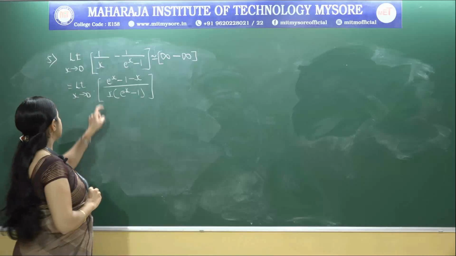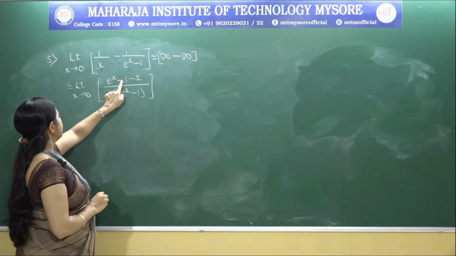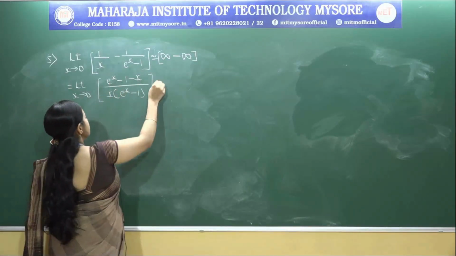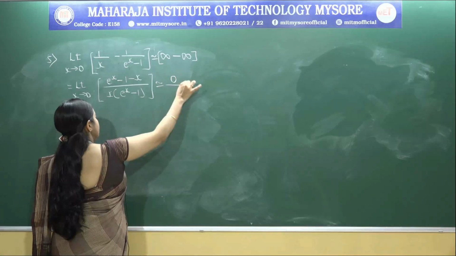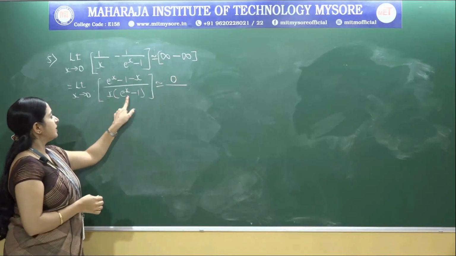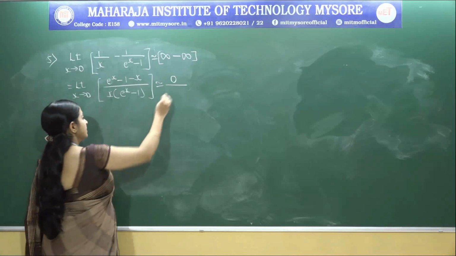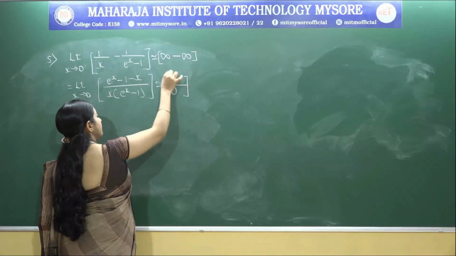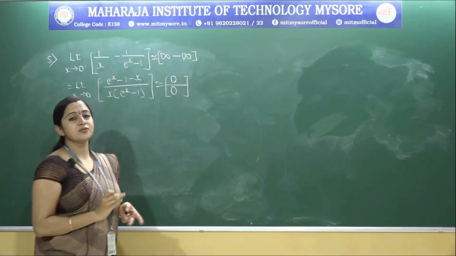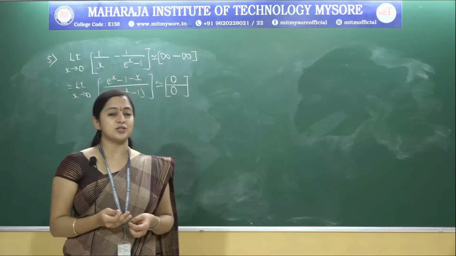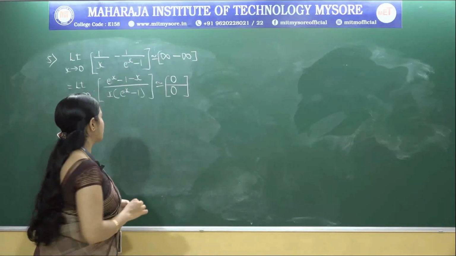Apply the limit. So e power 0 is 1, 1 minus 1, this is also 0. So we will get the numerator as 0. In the denominator there is a multiplication of x, you will get 0. So infinity minus infinity is converted into 0 by 0 form. Then you apply the L'Hospital rule.